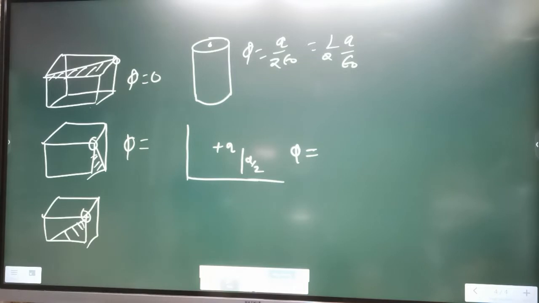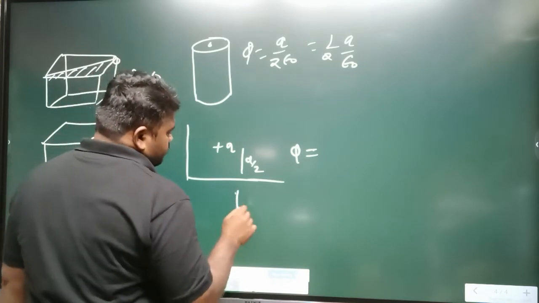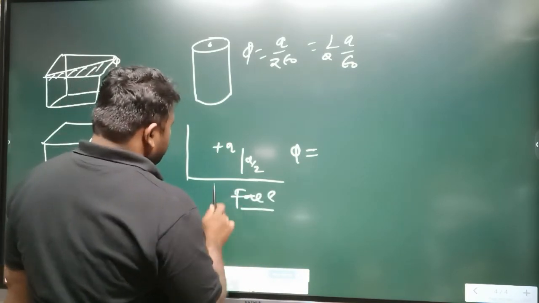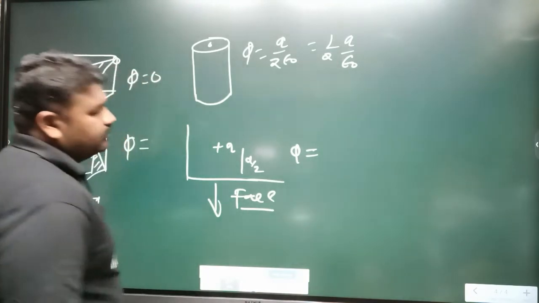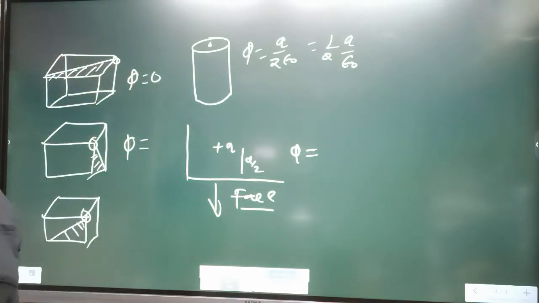Yes, how much flux is passing through this region? So how is this? How much flux will pass through this face? Q by 6. Why 6, sir? Yes, how will Q by 6 come?